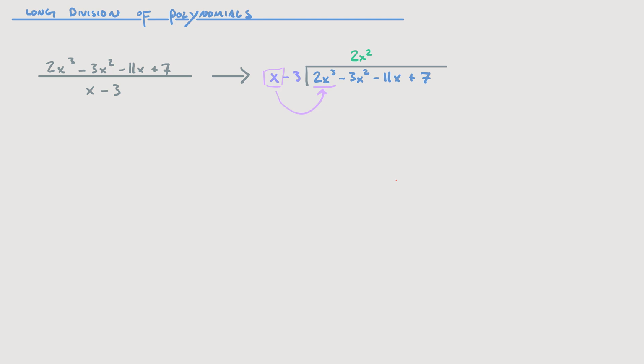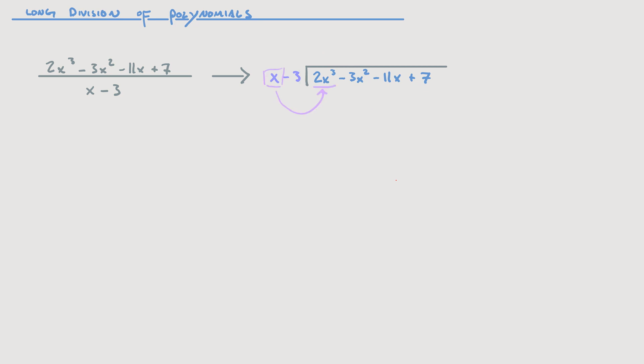Okay, I like to align things over the correct power. So since we have to multiply x minus 3 by 2x squared to make that leading term 2x cubed, that's what I'll write above the x squared position. Then we're going to subtract away something. What we're going to subtract away is the part of the quotient that we just found multiplied by the entire divisor.